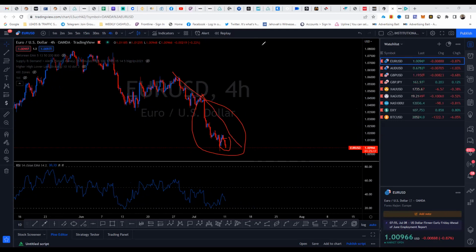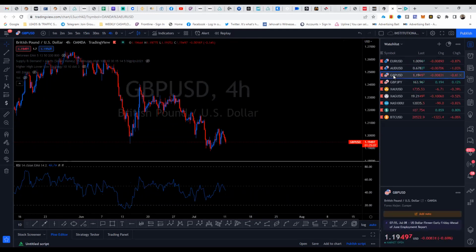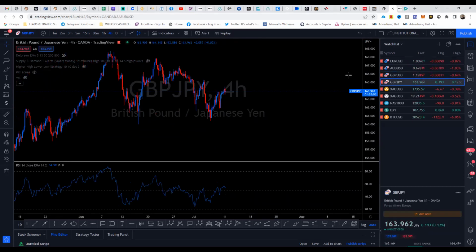So we can see down the euro dollar. Let's look at the AU. Same thing, looks like we got a couple of good sell setups. Same thing with GU. GJ looks like it could go either way. We don't really see. I mean, we saw it go bearish a little bit here, but it looks like it's a doji.